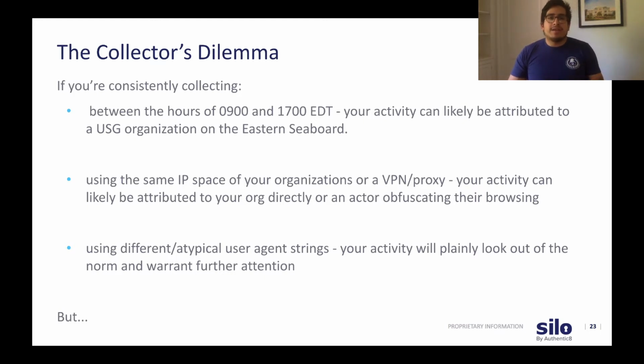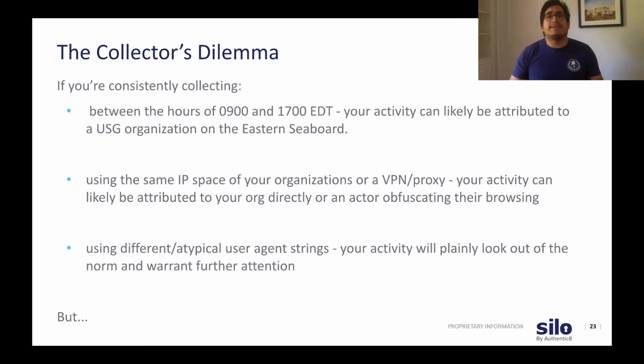If you are using your regular organization, whether commercial or public sector, you are really giving away your intent as well as some of your priority intelligence requirements. If you're coming out of that IP space or you're using a VPN or proxy, any site worth their salt is looking at that sort of information and trying to identify who is coming out of a known VPN or a known proxy, and starting to look at that traffic a little bit more closely.